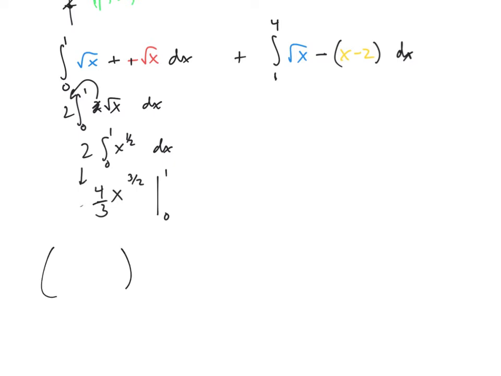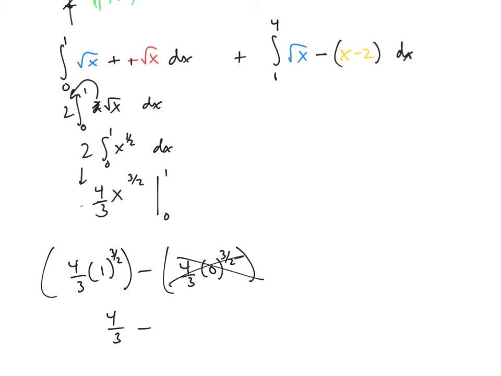So that's me now using the fundamental theorem of calculus. I grab my upper limit of integration and plug that in. So I've got 4/3 times 1 to the 3/2 minus 4/3 times 0 to the 3/2. And 1 to any power is 1, so I end up with 4/3 minus 0 to any power is 0. That goes away. So 4/3 is it for the first part.